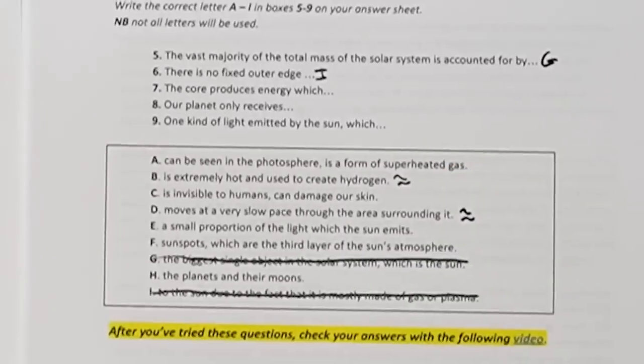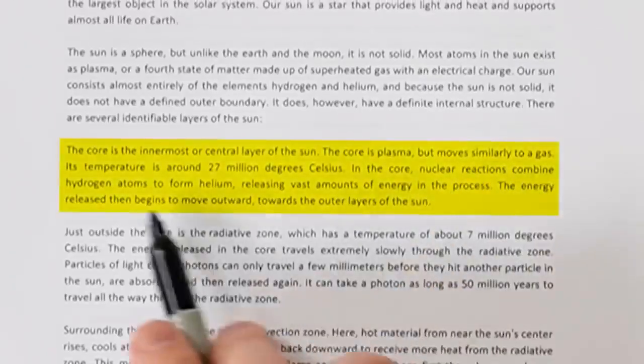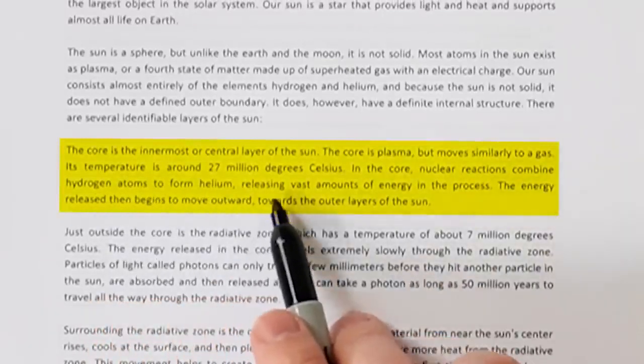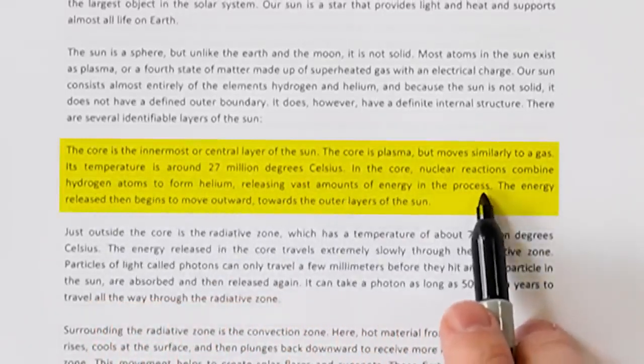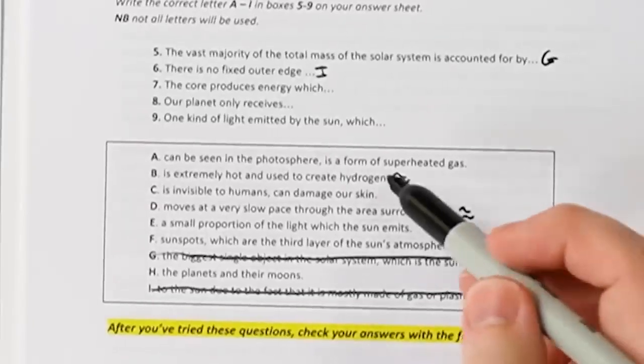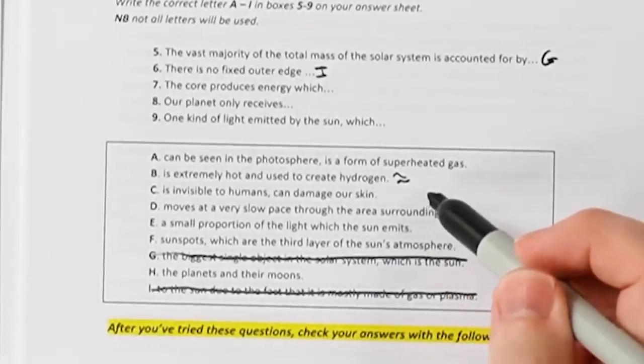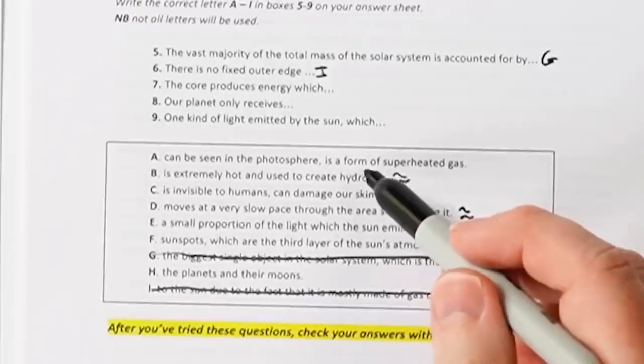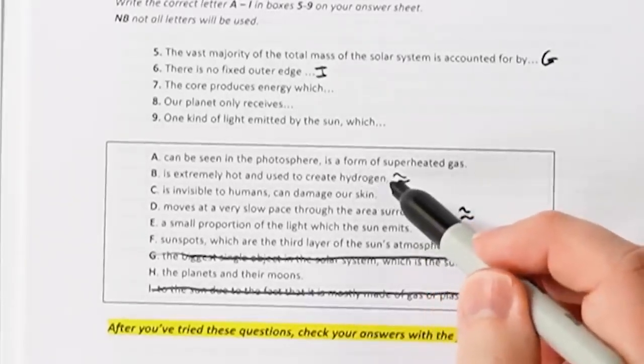So we need to go back and read very carefully what it says here about the core, and specifically about the core energy. In the core, nuclear reactions combine hydrogen and helium, releasing vast amounts of energy in the process. The energy released then begins to move outward. So vast amounts of energy, does that mean extremely hot? No. And then it also says used to create hydrogen here.